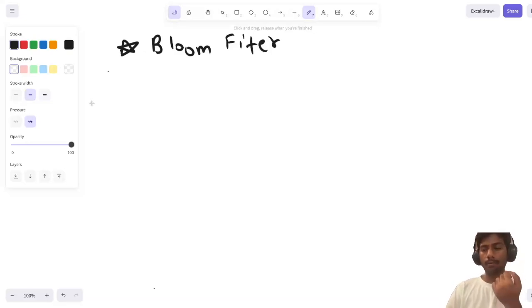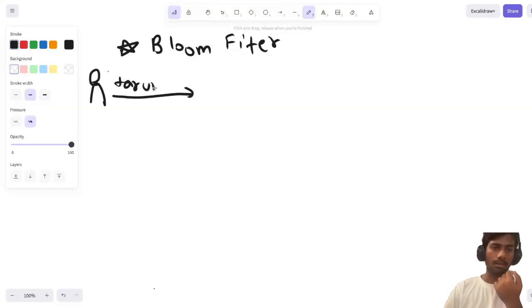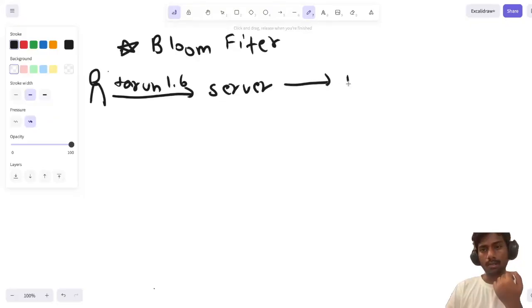To understand Bloom filters, we will first take an example of the Instagram sign up page, where a user enters his username, let's say Tarun 1.6, and then the server will take this username and will query the database asking if there already exists a username equal to this.